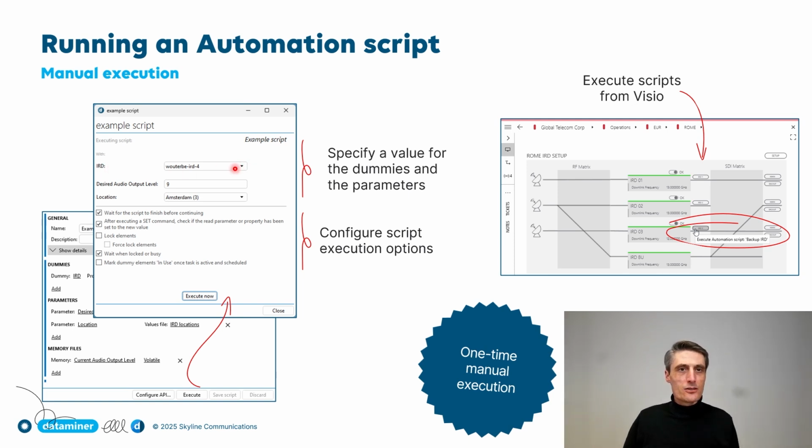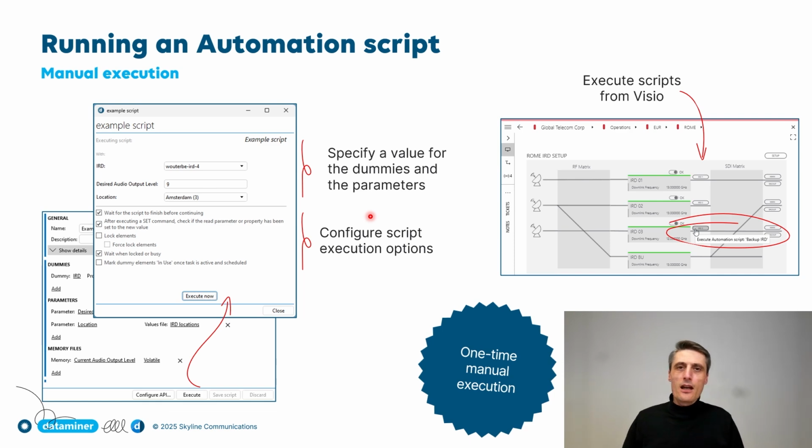Then it asked the user which IRD do you actually want to execute this on? So it's asking for an element. And then it was also asking me for a value, with possible values in a drop down. So I covered the different cases here. Some of the options are quite self-explanatory. Wait for the script before to finish before continuing.